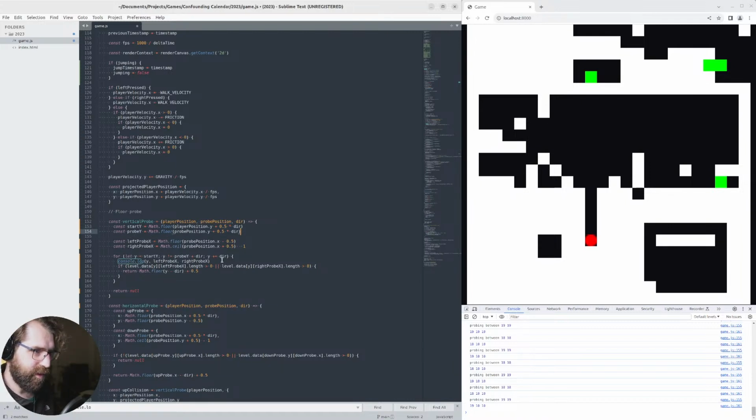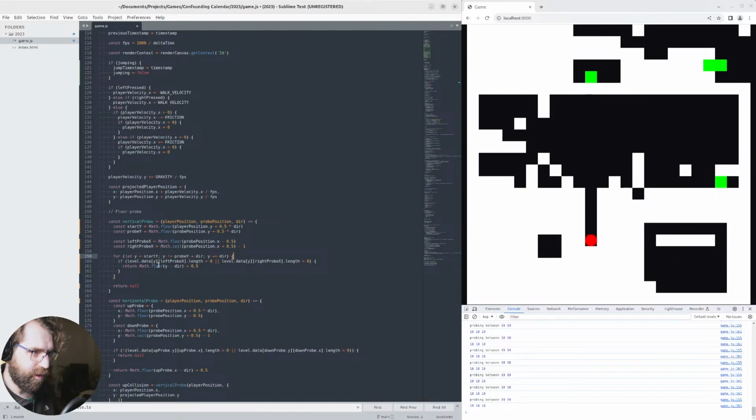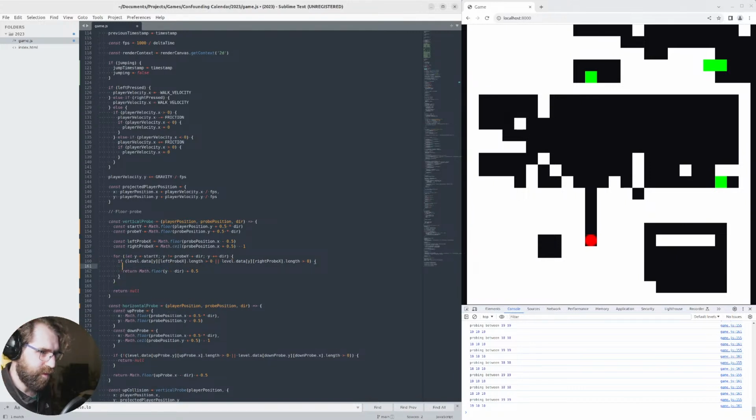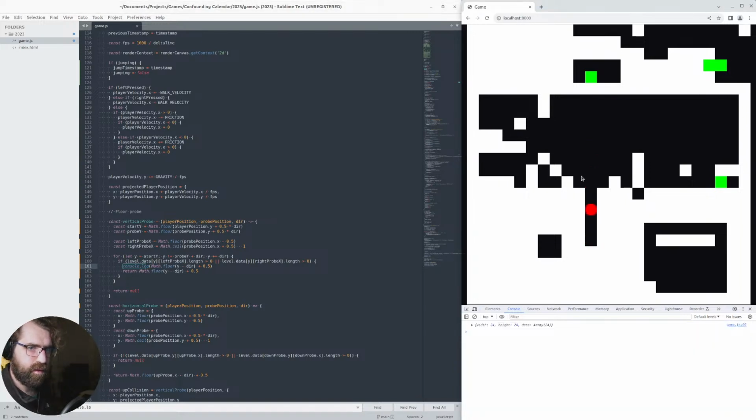So I don't know if I need this anymore, but what I do want to know is why I'm getting set to a very strange position, which I think is what's happening here. So if we check what this is returning. Yeah, it was saying 6.5.